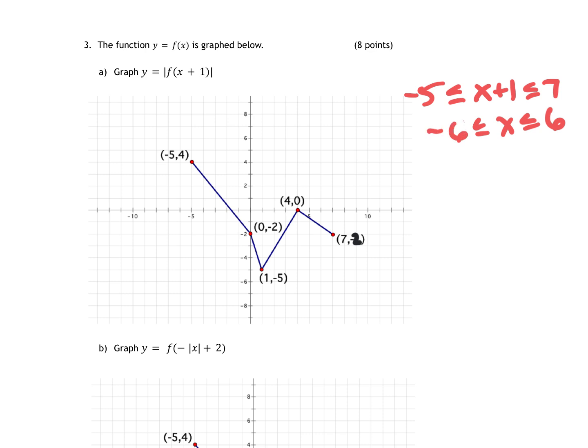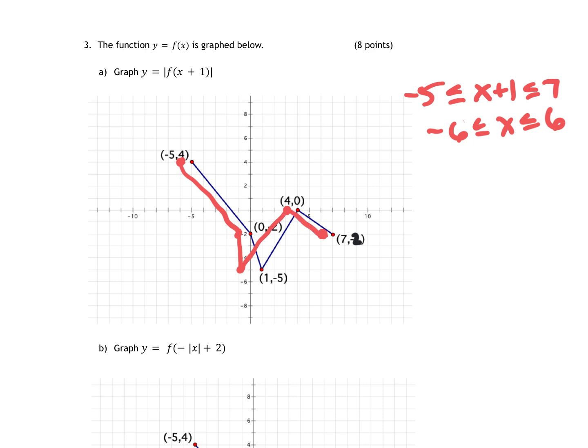Okay, so let's do that point by point. So I'm at -6, and I'm just going to take these crucial points here. And this one will be here. Okay, so my new graph with just the domain transformation looks like this.